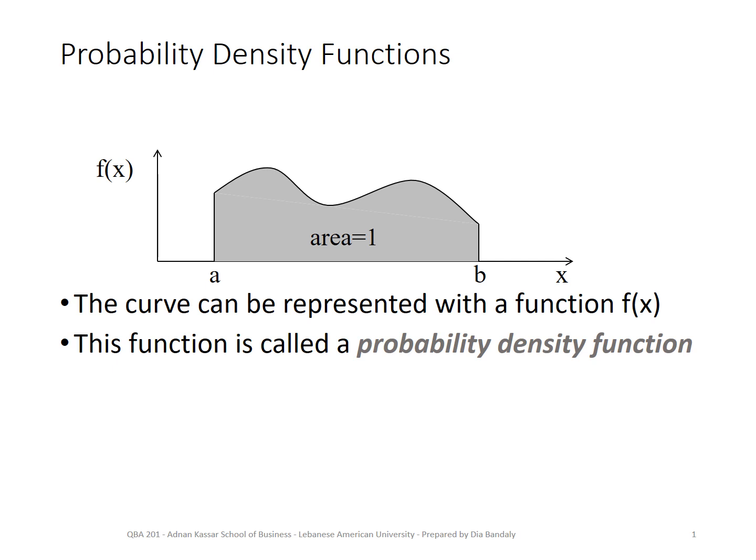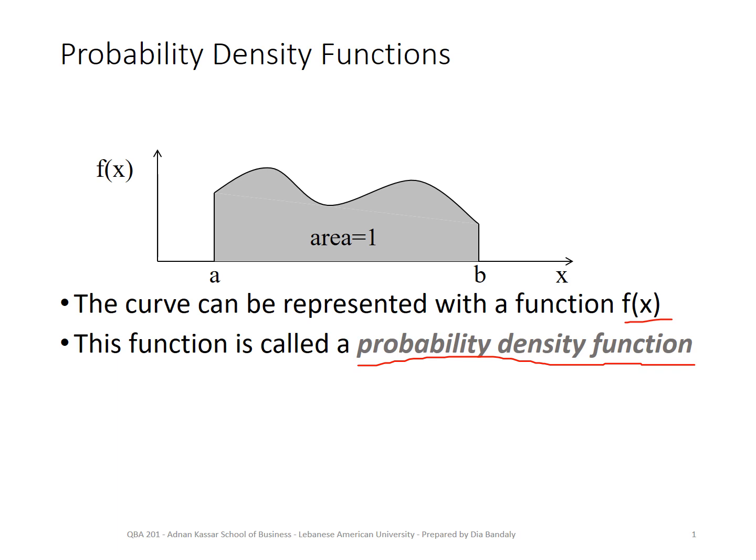This curve, this function, f of x, is called a probability density function. And this is a very powerful function. Why? Because it allows me now to use areas to find a probability. So only by looking at area under the curve, I will find the probability of a range of this variable.